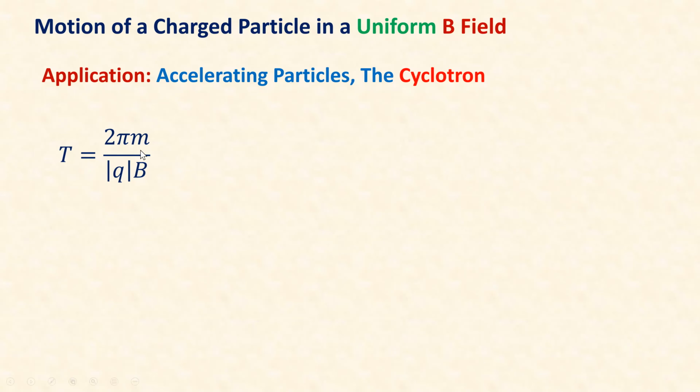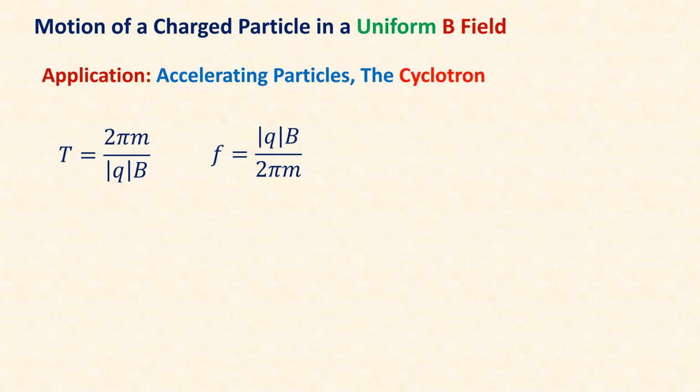You see, it only depends on the mass, the charge, and the magnetic field. It doesn't depend on the speed. Isn't it interesting? It means the faster they go, they go on a larger circle. Therefore, the period for one revolution for all of them is the same. And the frequency is the inverse of the period, which is qB over 2 pi m.